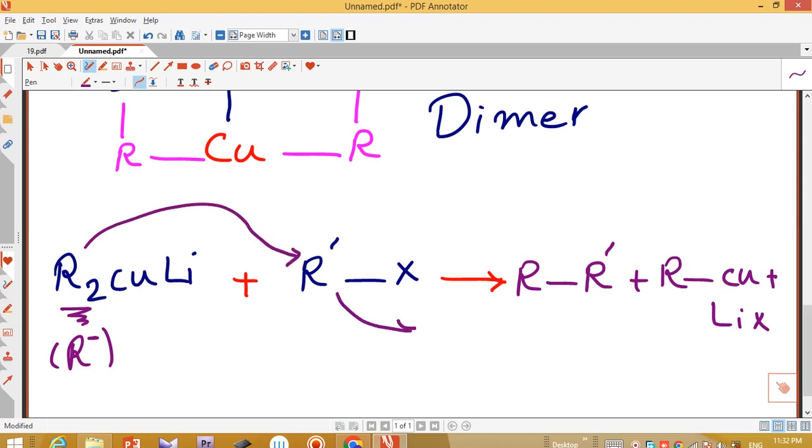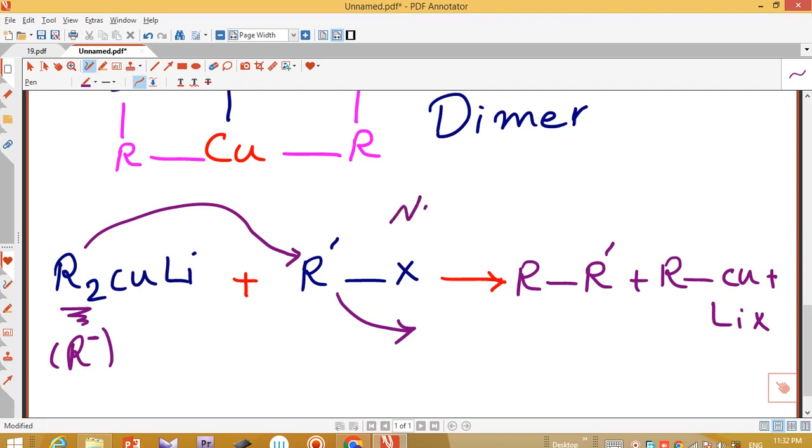Here our nucleophile will be R negative, or carbanion, that will attack from the back of R prime X, and our leaving group will leave the substrate from the front. So we will have our R prime along with our Cu, which also can attack another substrate.